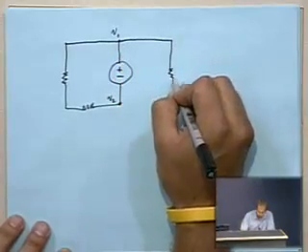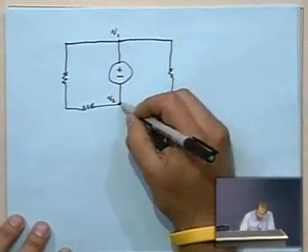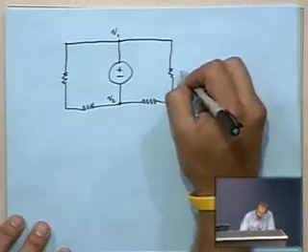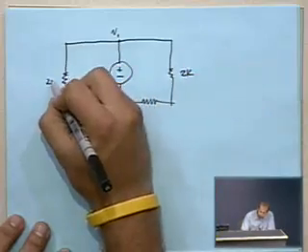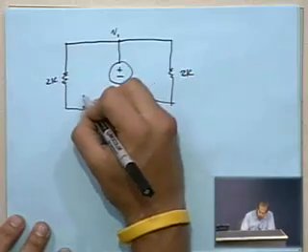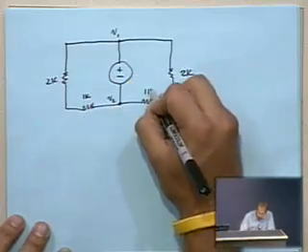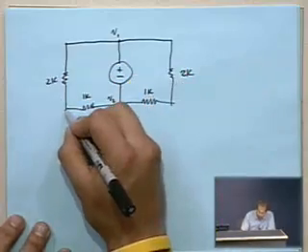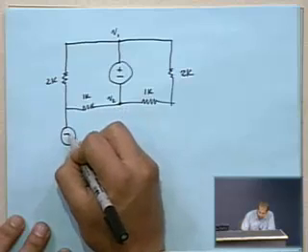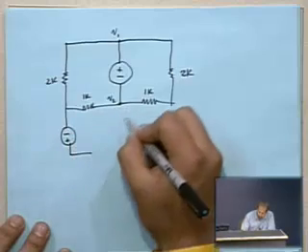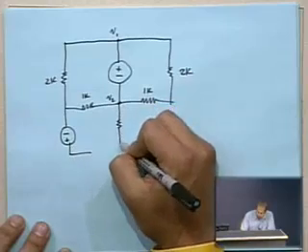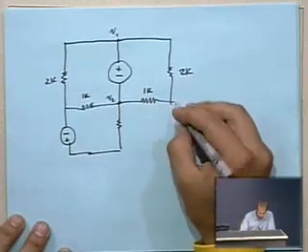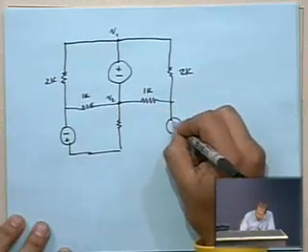Have another 2K resistor over here, and another 1K resistor here. So this is 2 kilo ohms, this is also 2 kilo ohms, 1 kilo ohm here, another 1 kilo ohm resistor here. Finishing things out, I have another voltage source, a resistor, and a third voltage source.